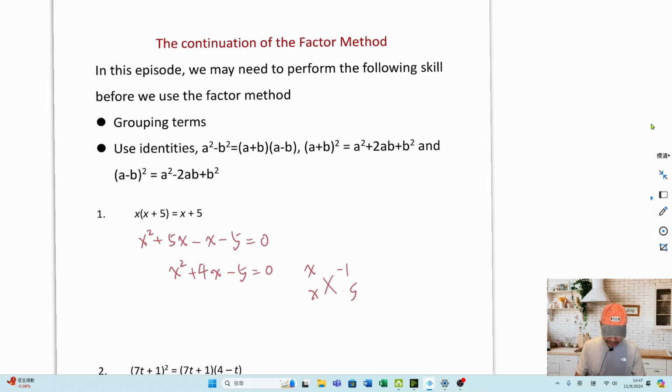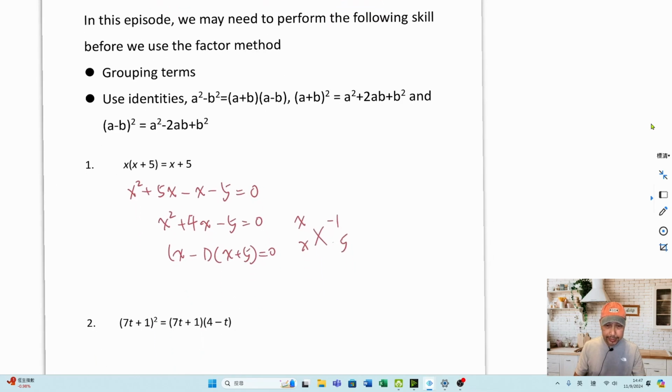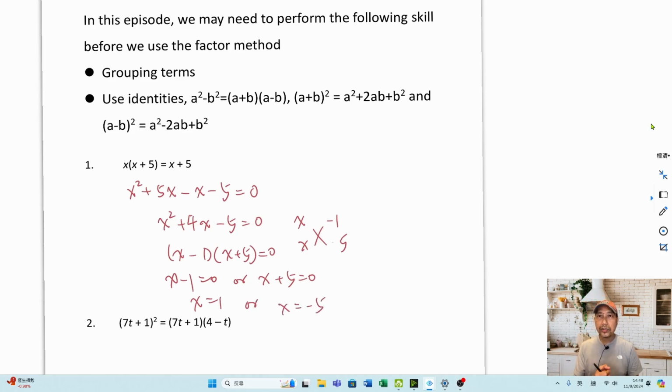So we get x minus 1 times x plus 5 is 0, and then x minus 1 is 0, or x plus 5 is 0. So x is 1, or x is negative 5. Okay, this is one way you can do it. You just multiply the brackets in the left hand side.